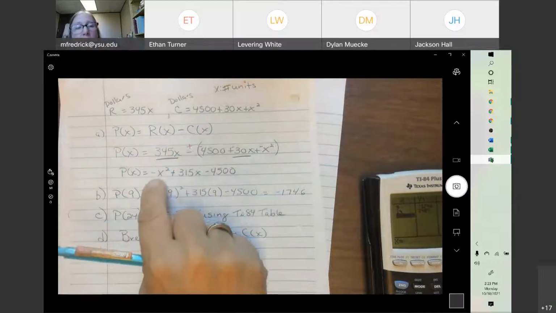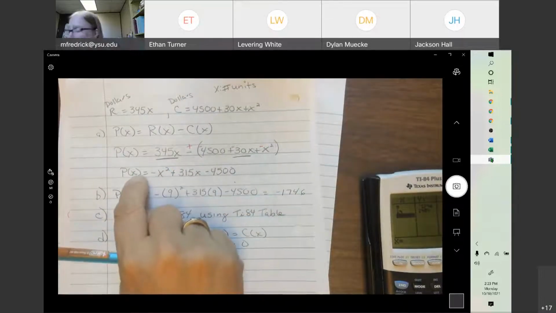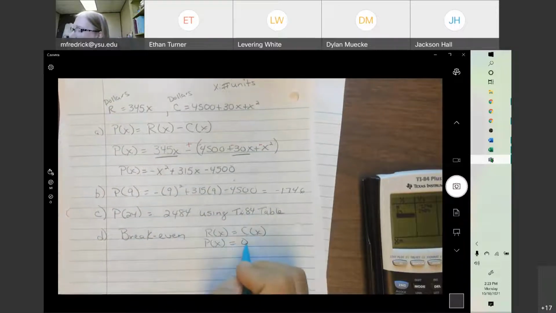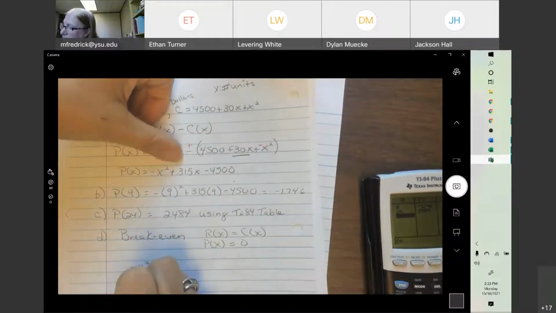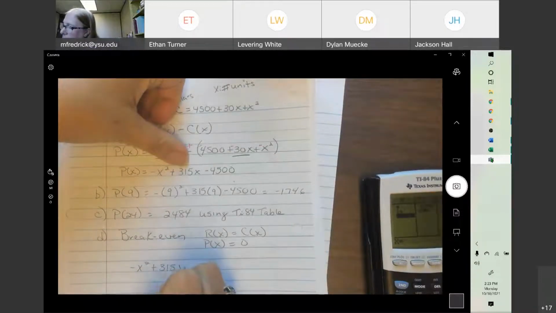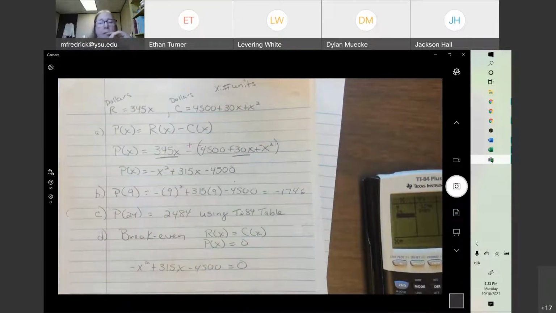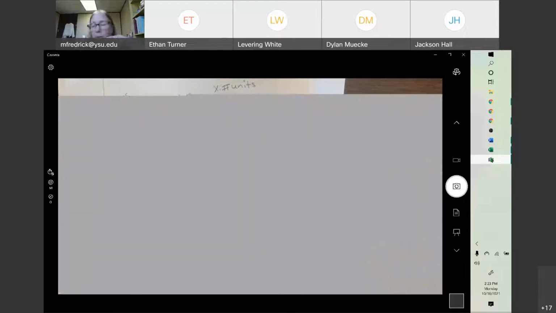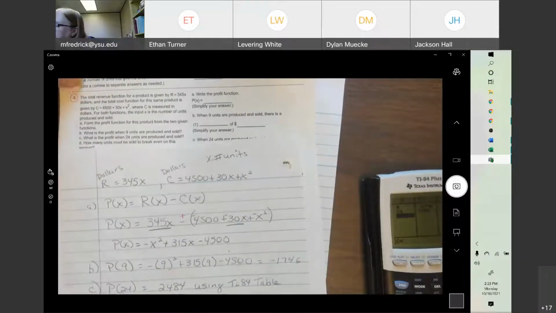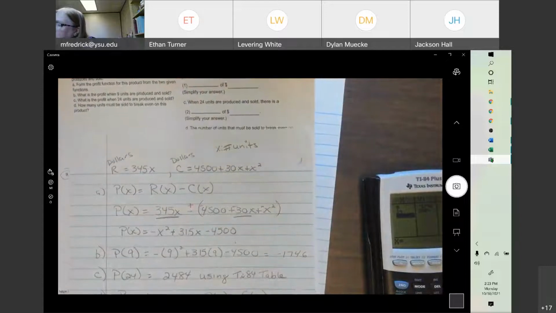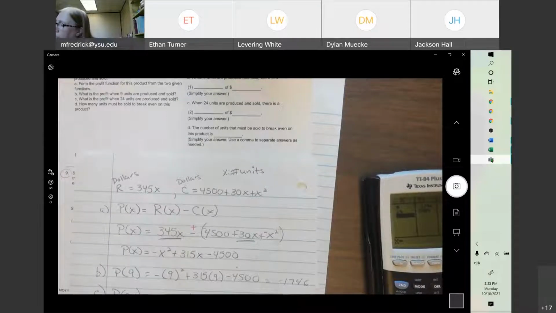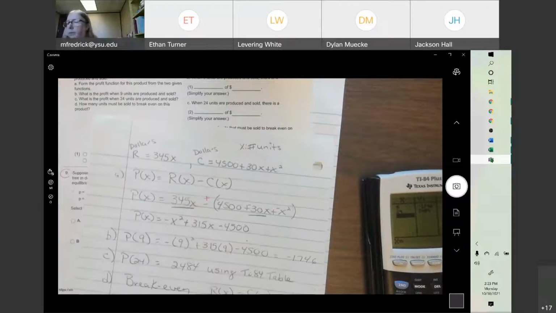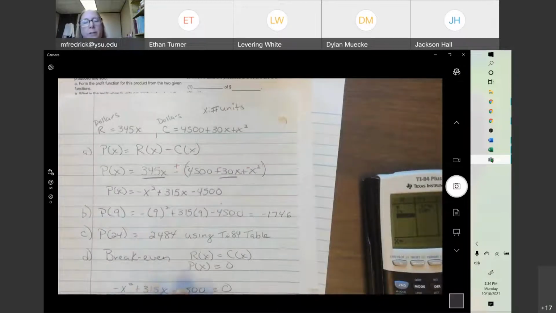So I might as well use my profit. So I would set profit equal to 0. Negative x squared plus 315x minus 4,500 equals 0. Any questions on that? Does it say what to round to? It doesn't. Any questions so far, though?